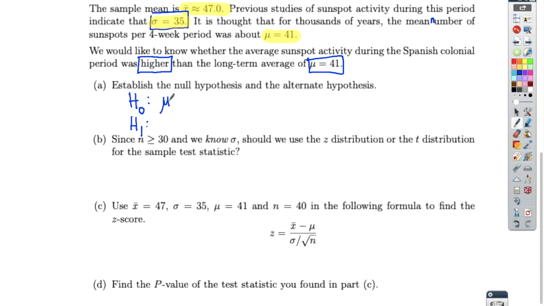So the null hypothesis is going to be that mu is still 41. Our alternate hypothesis is going to use these same values, the mu and the 41, but it's either going to be greater than, less than, or not equal to. We just have to figure out from the words of the problem which symbol goes here.